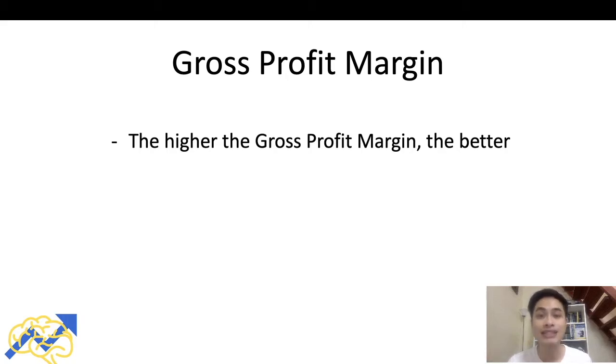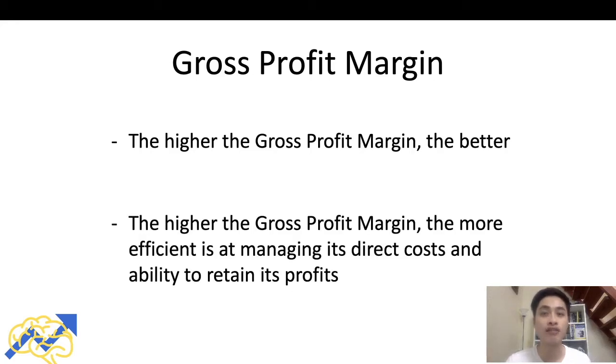So as investors and traders, we want the companies we are analyzing to have a high gross profit margin. The higher the gross profit margin, the more efficient the company is at managing its direct cost of producing its products and services, and the greater the company's ability to retain its profits from its sales revenue.